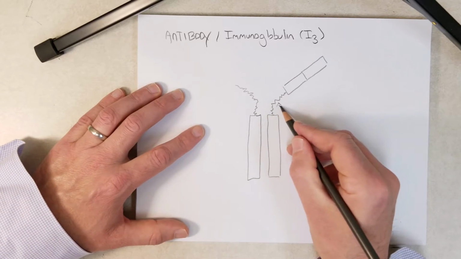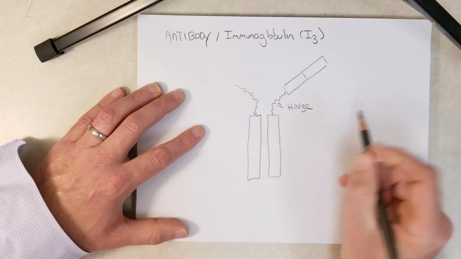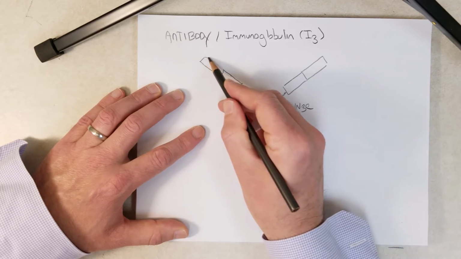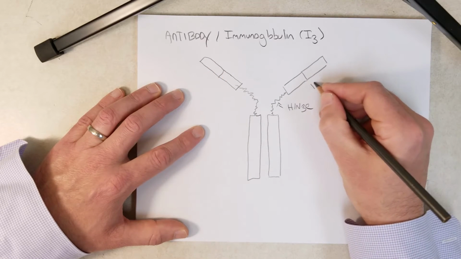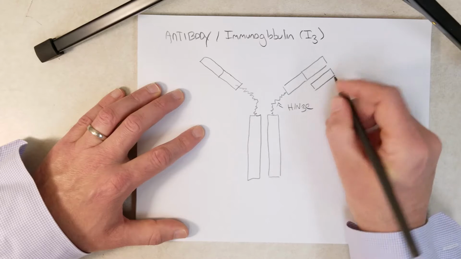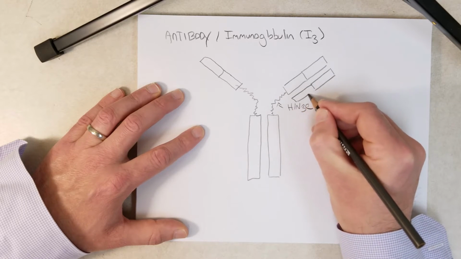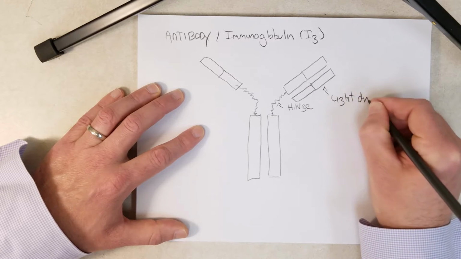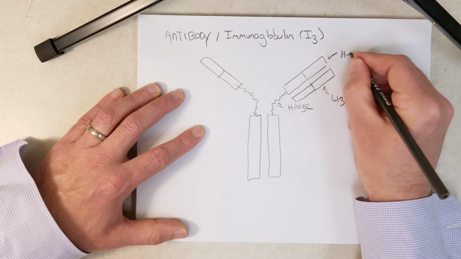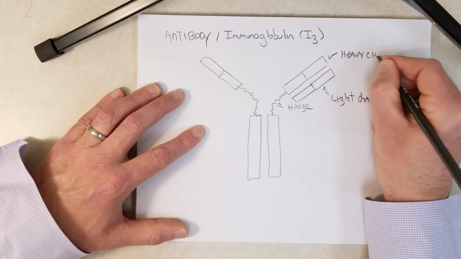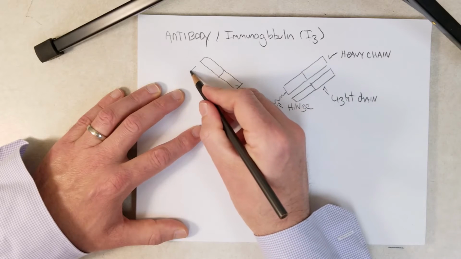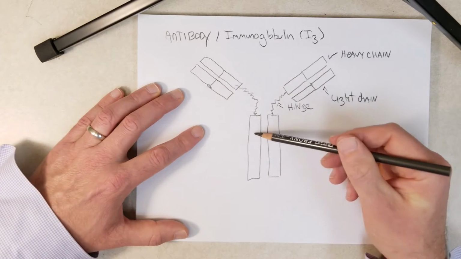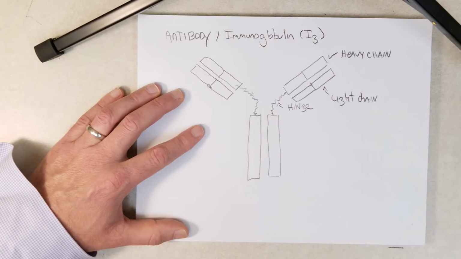And this is the hinge region of the heavy chain. And then the light chain is usually diagrammed out here. So this is 1 light chain. So light chain and heavy chain. So the other heavy chain is here, the other light chain is there.